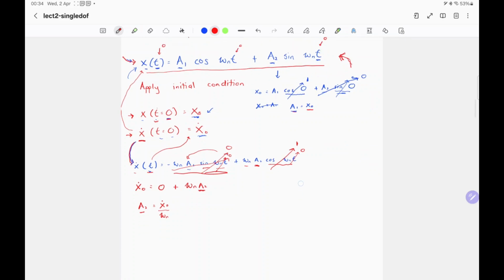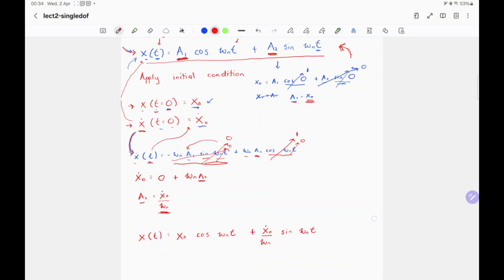So it will become x(t) equals x naught, why x naught? Because A1 is x naught, cos omega n t, plus A2, which has now become x dot naught over omega n, so x dot naught over omega n sin omega n t.